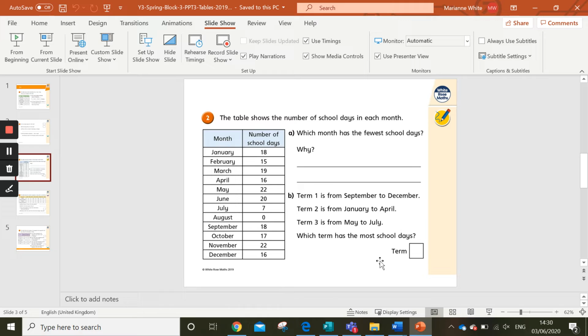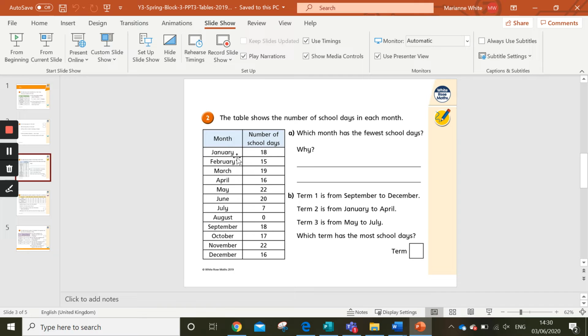Okay, so for term 1, it says that is from September to December. So to discover how many days you were in school across that term, you would need to add together all of these numbers, remembering to use your column addition method. And you would need to do the same for term 2 and for term 3.